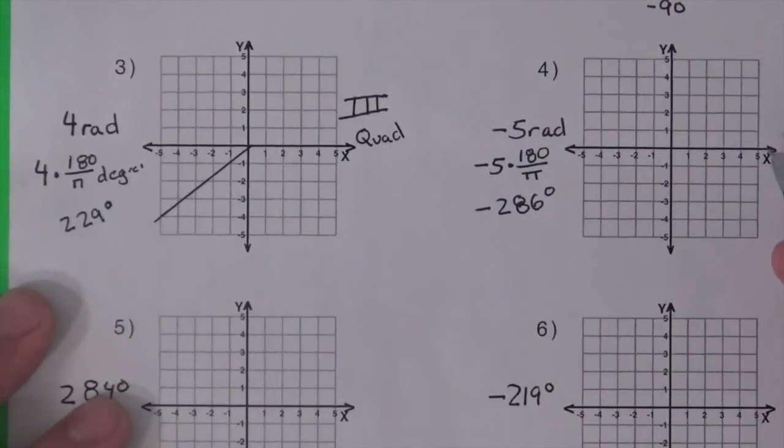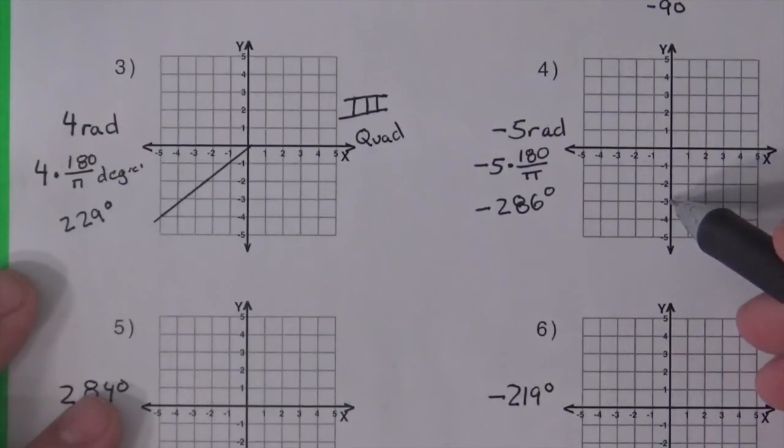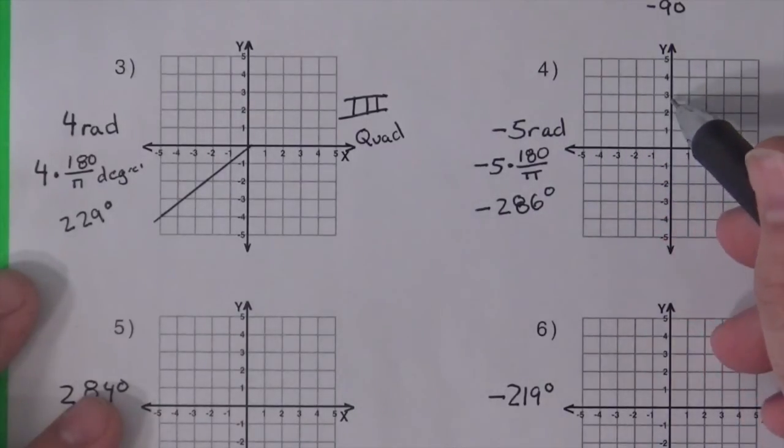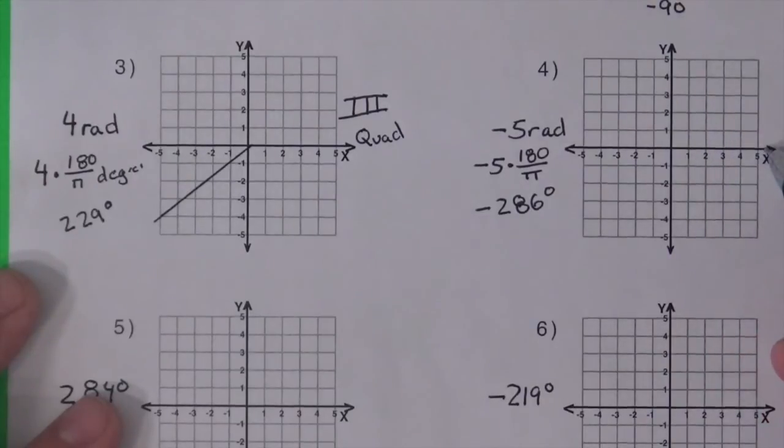Since we're going in a negative direction, we start here on our initial side and go around. This would be negative 90, from here to here is negative 180, from here to here is negative 270, and all the way around is negative 360.